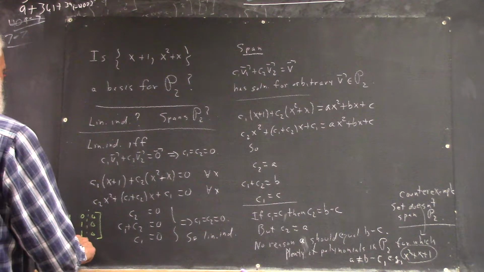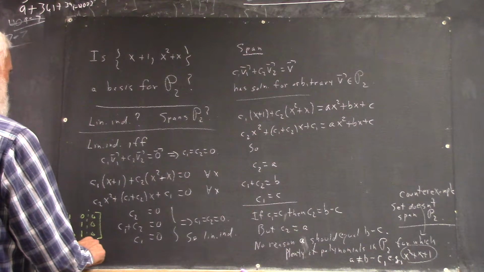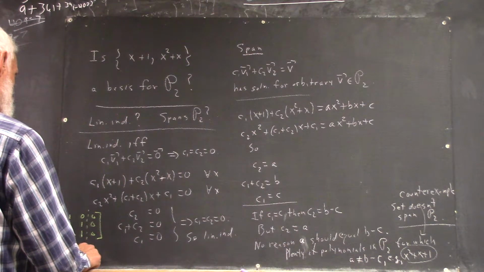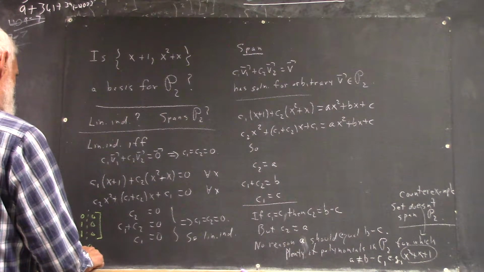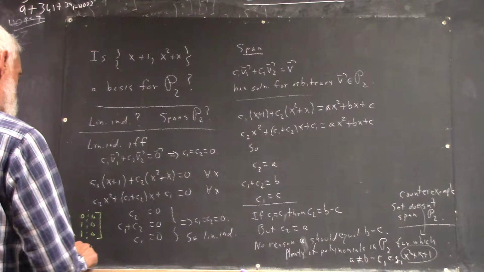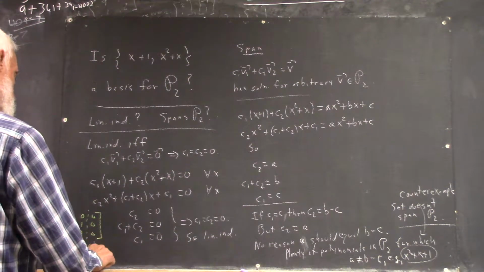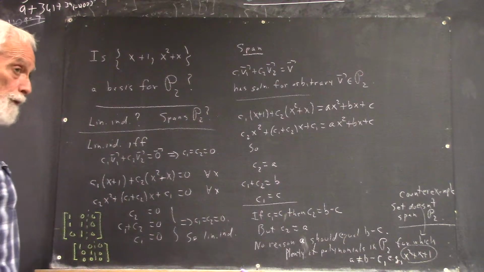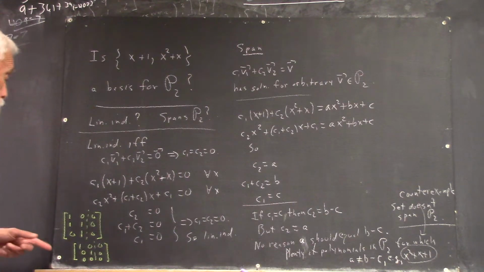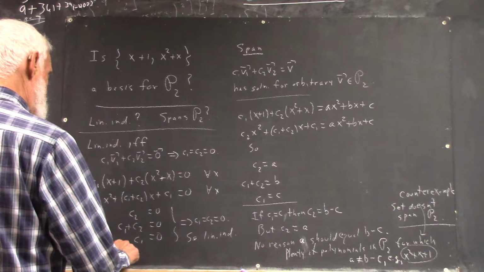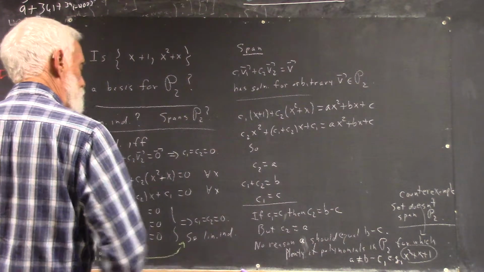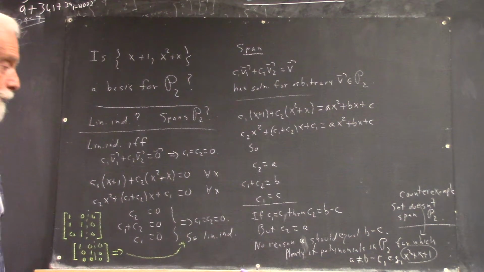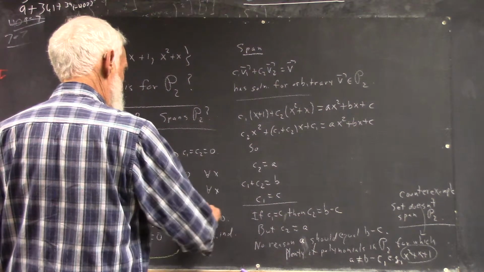And this equation reduces to this, which tells you C1 equals C2 equals 0, so they're independent, right?